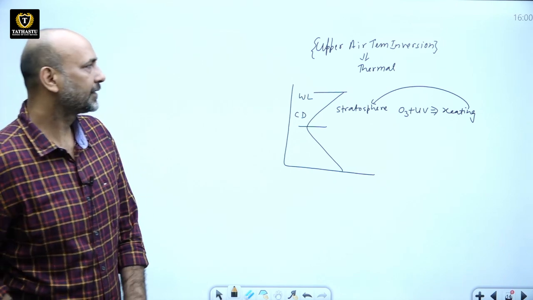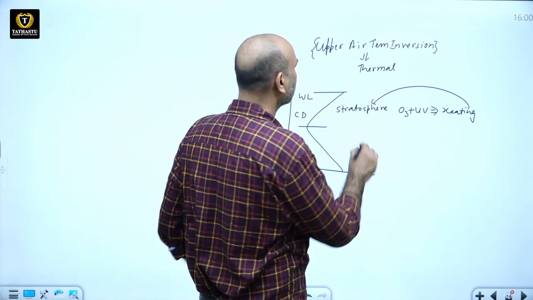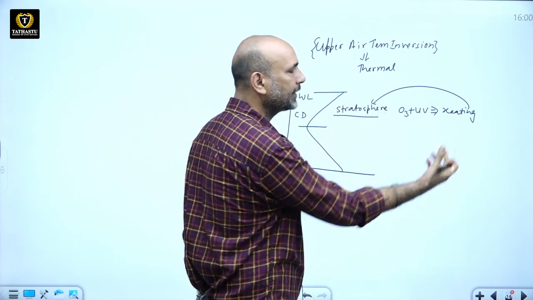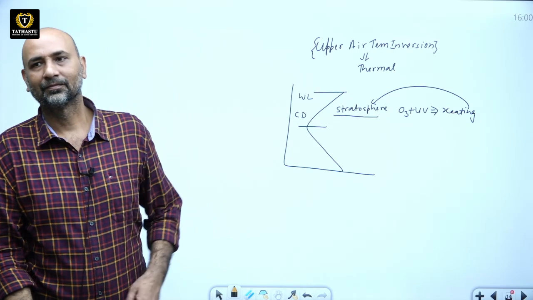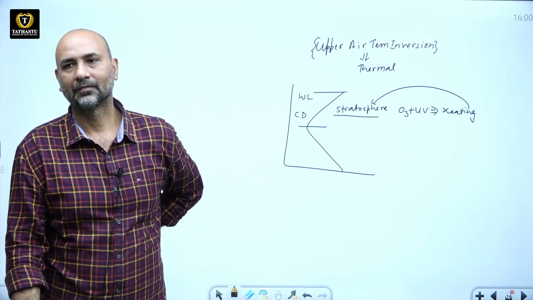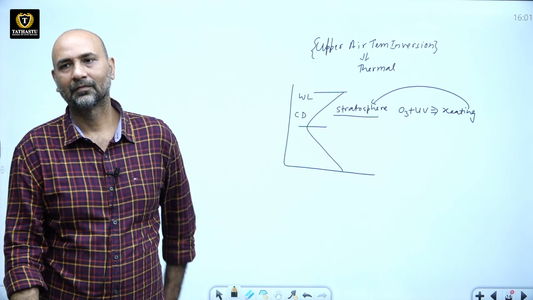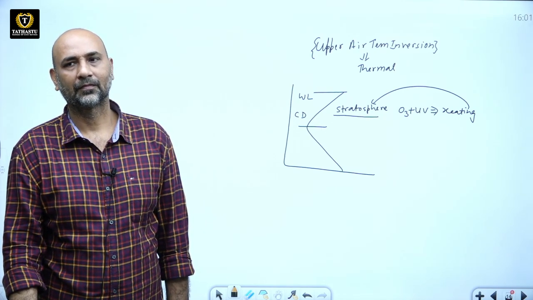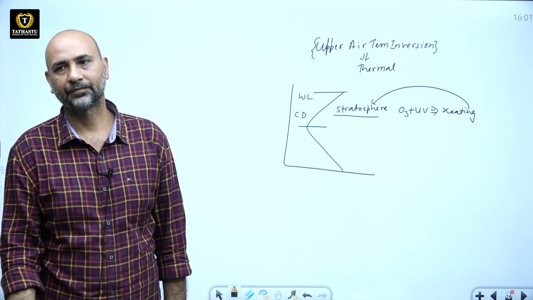So remember that this upper air thermal temperature inversion in the stratosphere protects the stratosphere and its ozone molecules from disintegration, from their depletion.